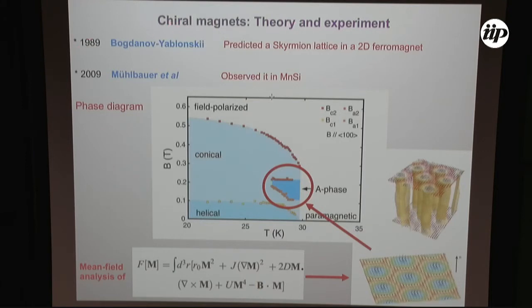Of course, I didn't start from this paper, but this was one of the first papers where they predicted a skyrmion lattice in a two-dimensional chiral magnet, already in 1989. And to my knowledge, it was in 2009 that these states were first observed, first in a three-dimensional material, MnSi, where each of these bubbles is a skyrmion.